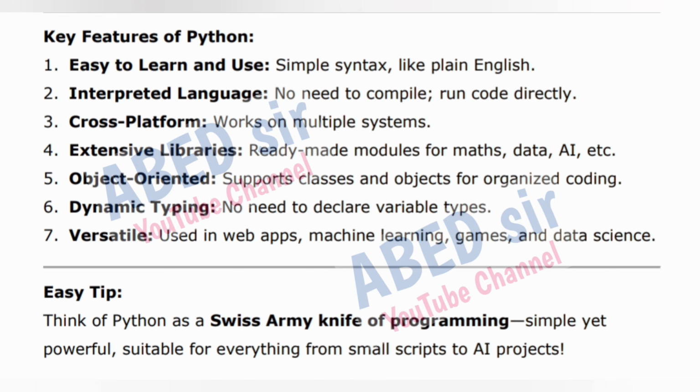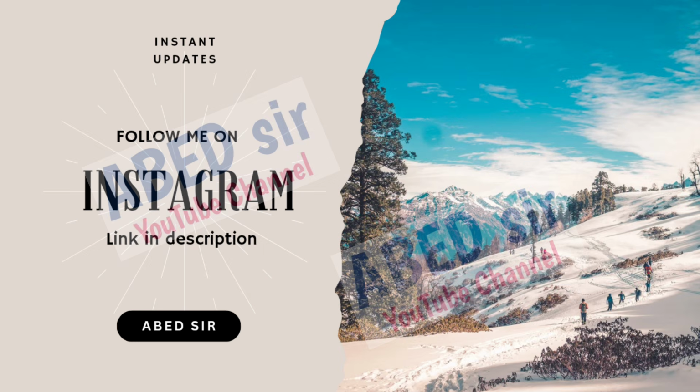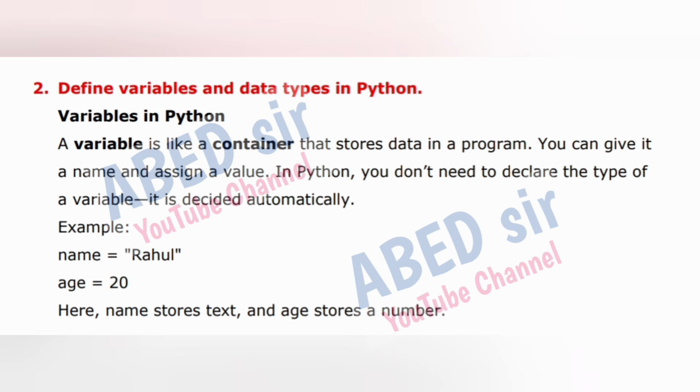Object-oriented, supports classes and objects for organized coding. 6. Dynamic typing, no need to declare variable types. 7. Versatile, used in web apps, machine learning, games, and data science. Easy tip: think of Python as a Swiss Army knife of programming, simple yet powerful, suitable for everything from small scripts to AI projects.